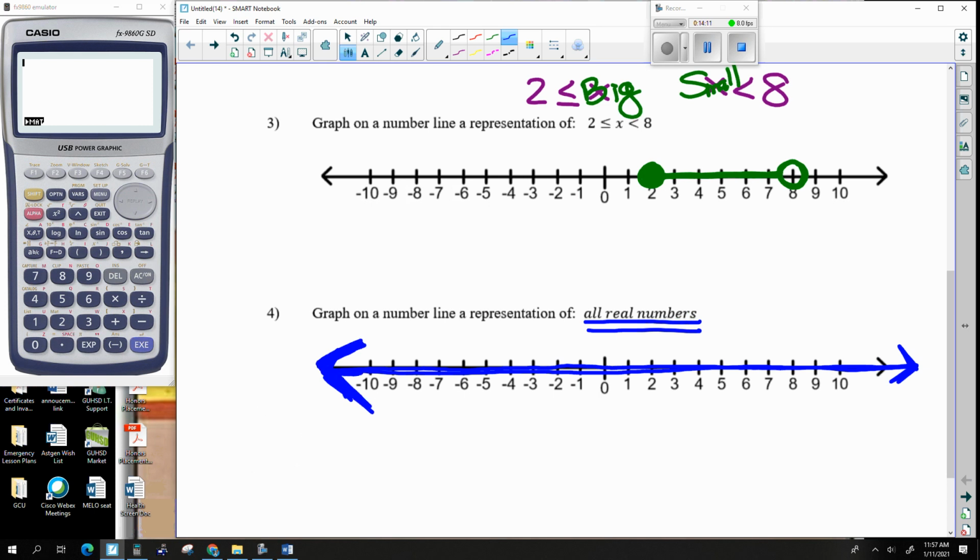You make an arrow. So this is saying, hey, this is going to go technically to negative infinity, and this is going to go technically to positive infinity. It goes on and on and on forever. So you darken this entire line, and because it goes off the graph, you put these big old arrowheads on there. All real numbers. It's every number.